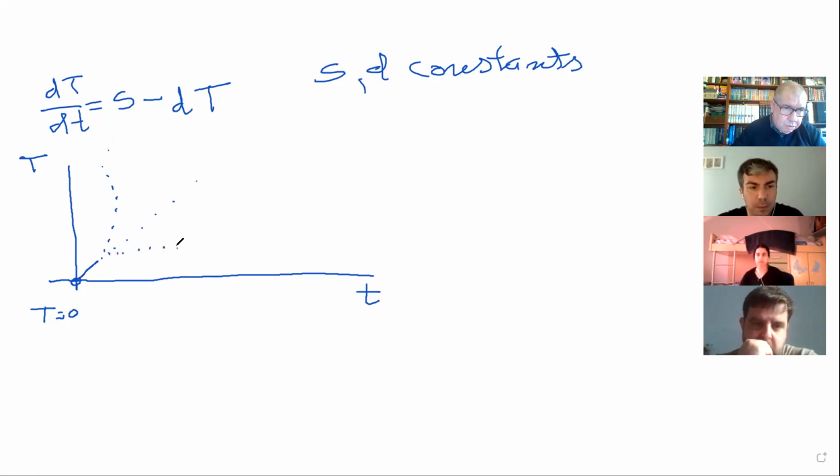Or are you going to do something like this? So we have A, we have B, and we have C. Does it always go at the rate which is S, or at a faster and faster rate, or at a slower and slower rate?